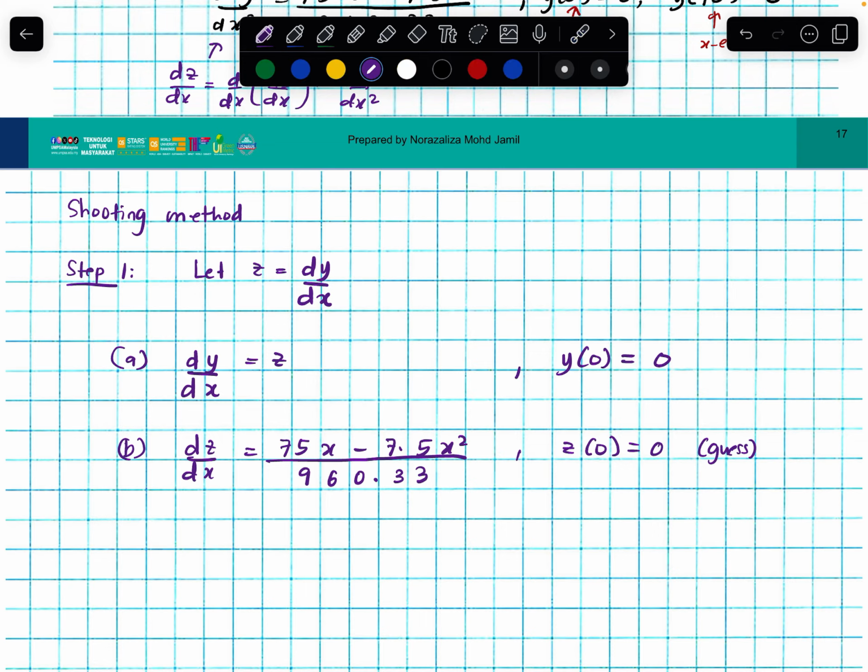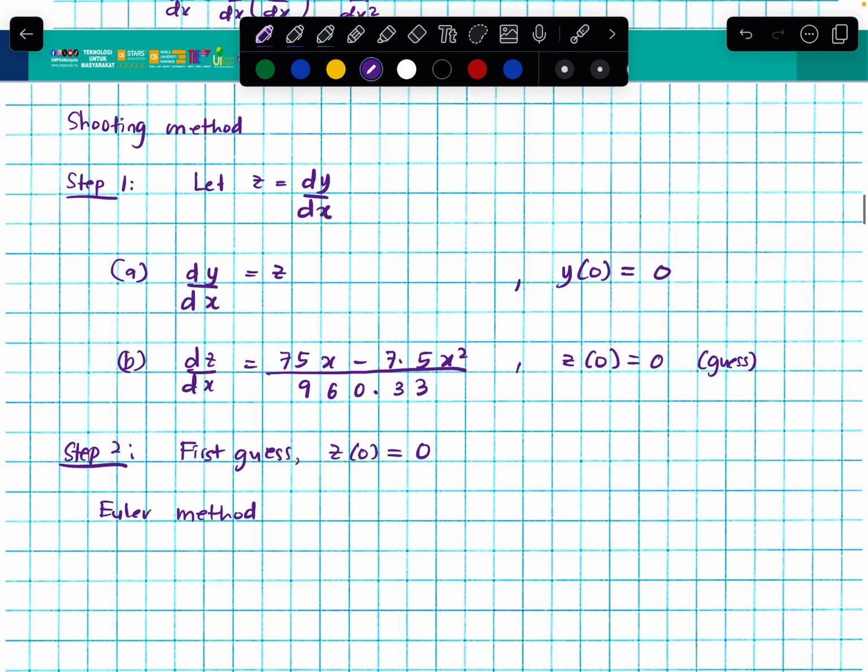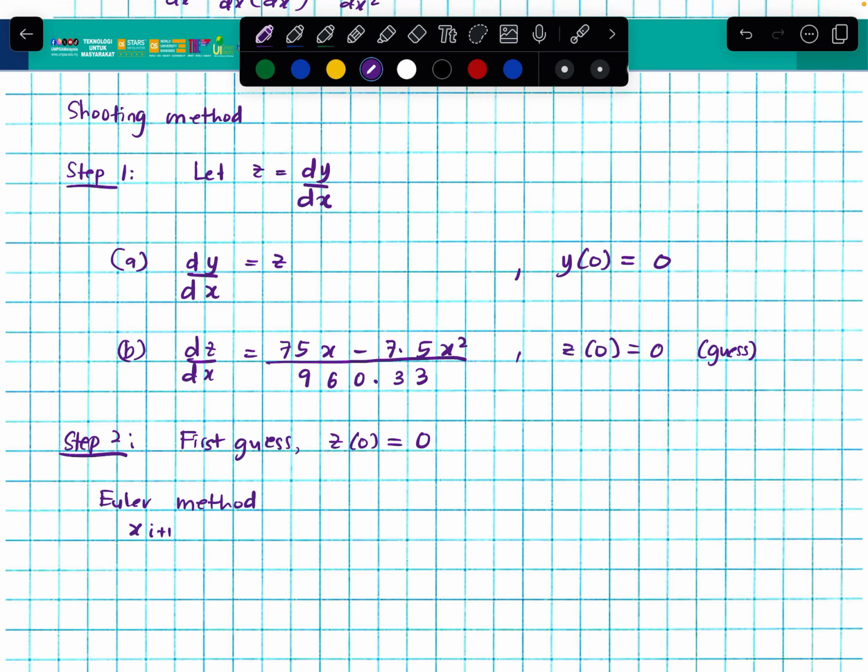Now step number 2. Let's use the first guess, which is 0, and solve this by Euler method. Remember, what is the Euler method? x(i+1) equals x(i) plus h, y(i+1) equals y(i) plus f1 h, and z(i+1) equals z(i) plus f2 h.